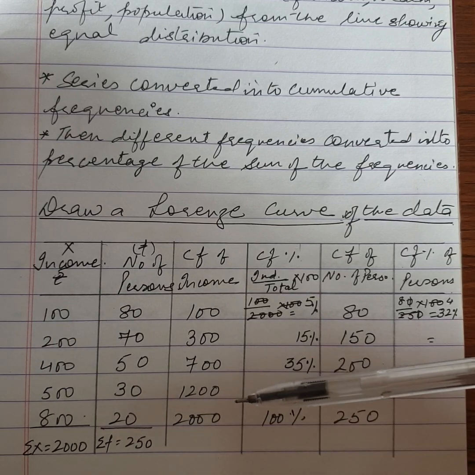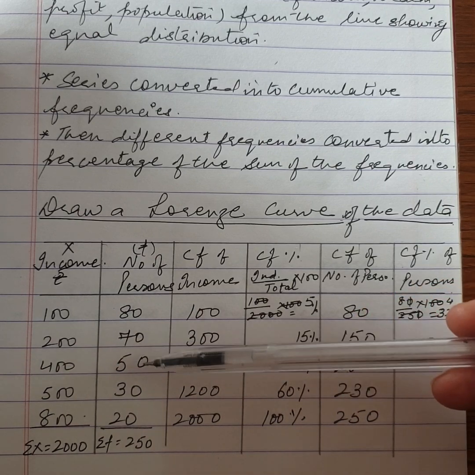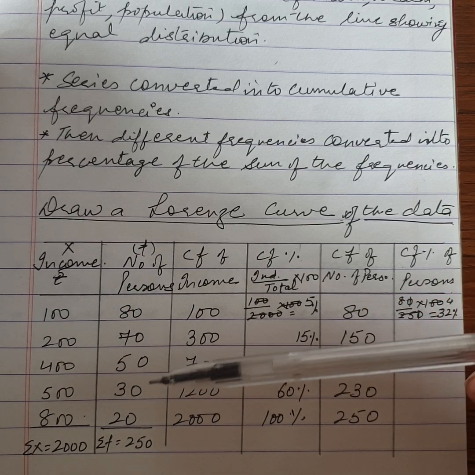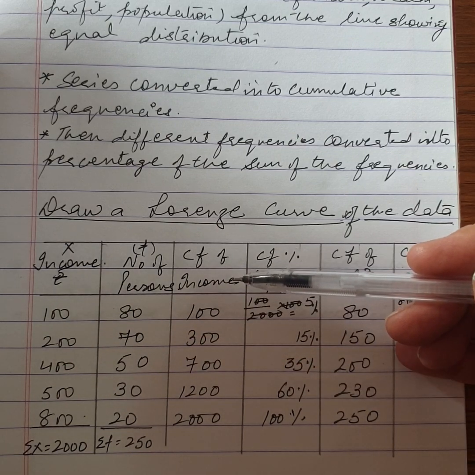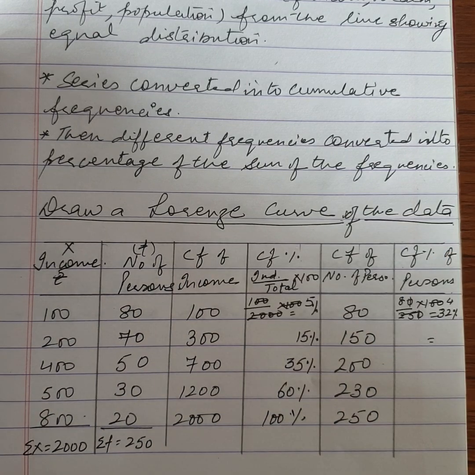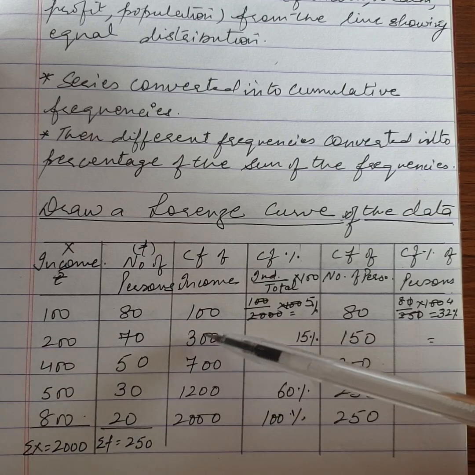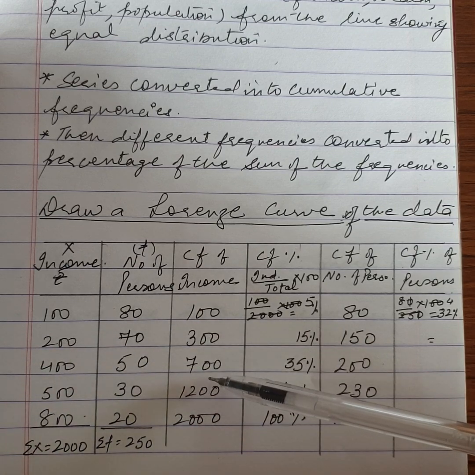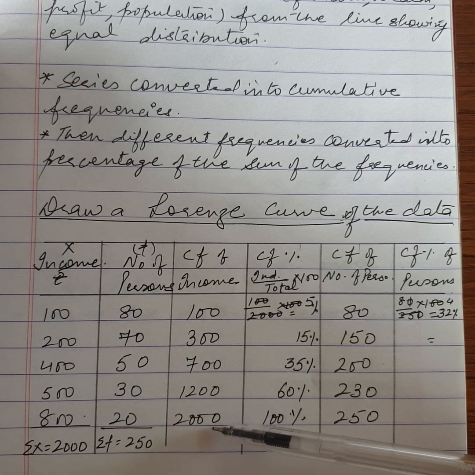We will follow the same procedure for both columns, that is for the income as well as the number of persons. First, we will convert income into CF, that is cumulative frequency of income: 100 plus 200 is 300, 300 plus 400 is 700, 700 plus 500 is 1200, 1200 plus 800 is 2000.